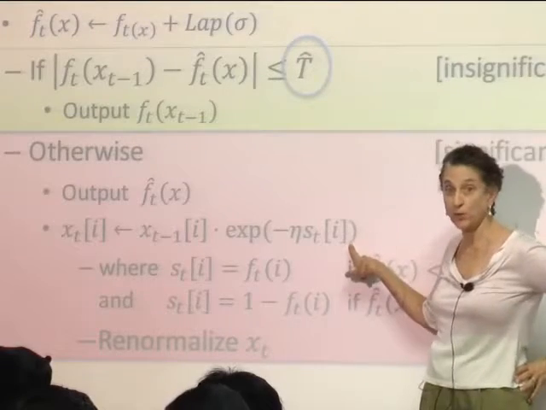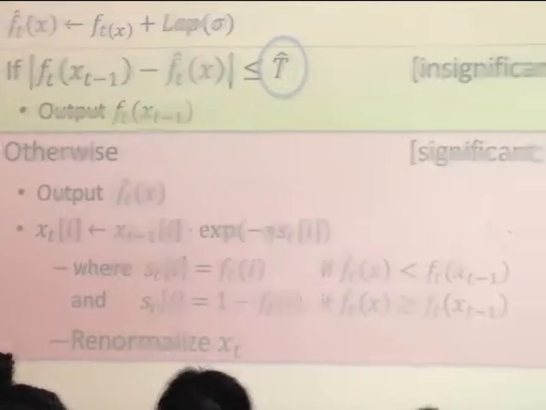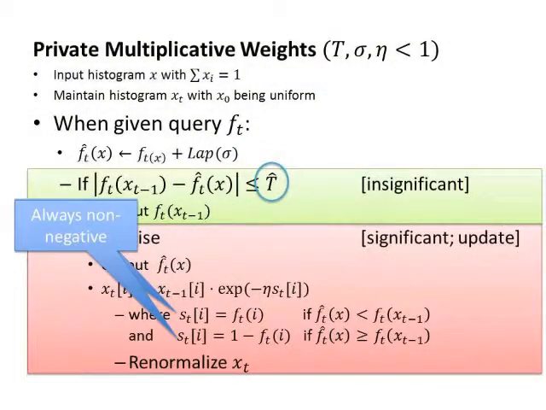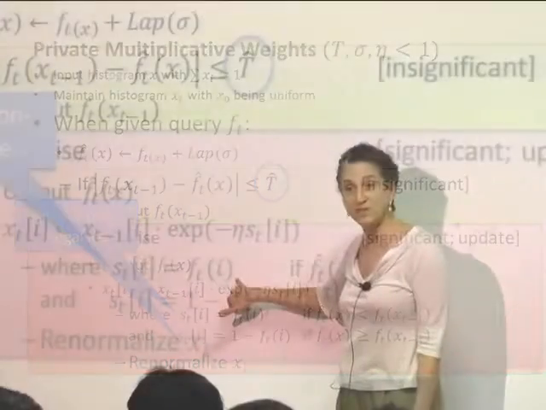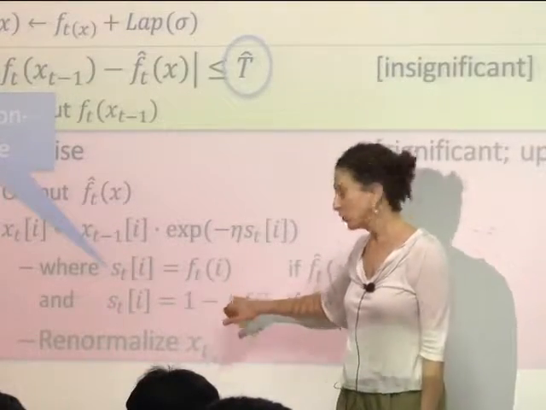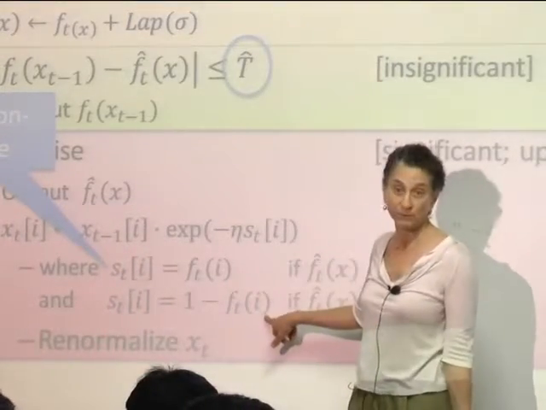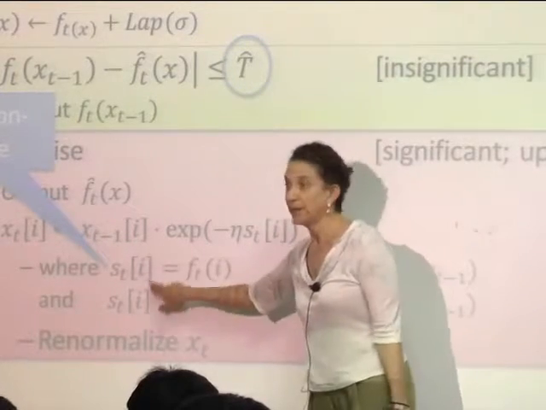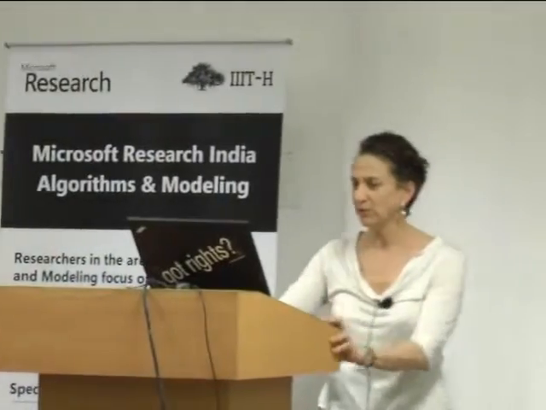And I have to tell you what st of i is. And there's the form of it, but as I said, I find it very confusing. The first thing is to notice that because this value is between 0 and 1, so is 1 minus that value. Okay, so this guy is never going to be negative. I'm not sure why I thought that was so important to tell you, but it's true.